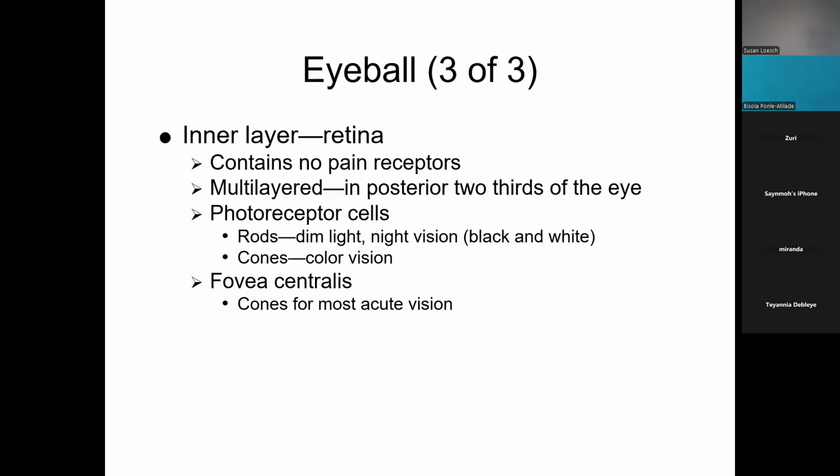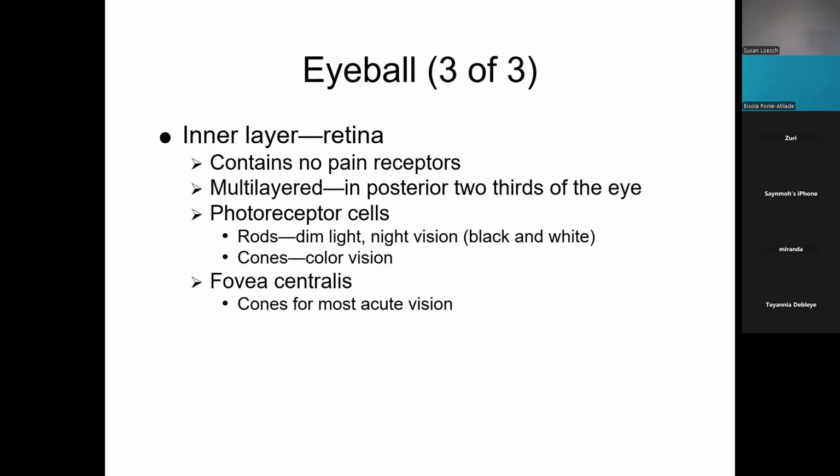All right, your visual acuity is sharpest at the fovea centralis. The innermost layer of the retina has rods and cones that are light sensitive receptor nerve cells. The rods are specialized for dim light or night vision, and the cones are specialized for color.